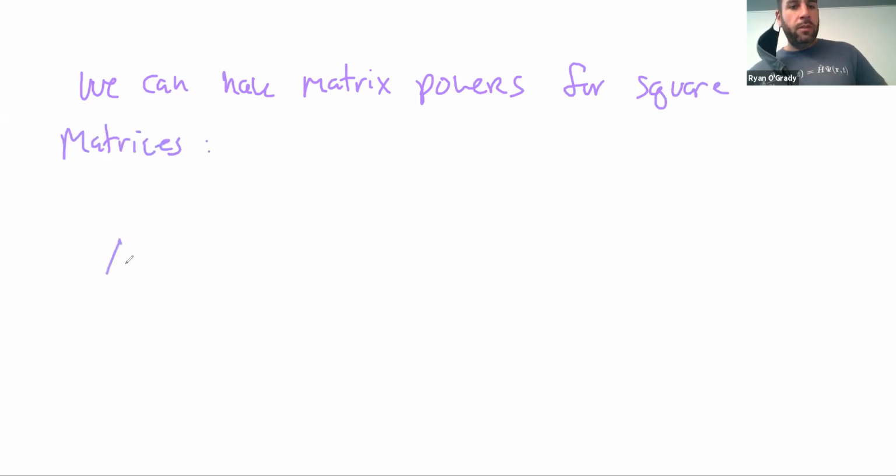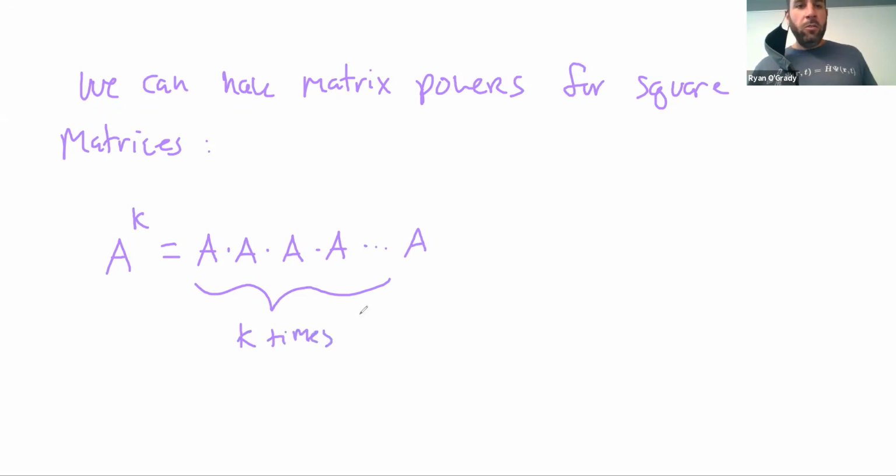What does A to the k mean? A to the k would be A times A times A, k times. Notice this only works if A is square, because you can't multiply unless rows and columns match.